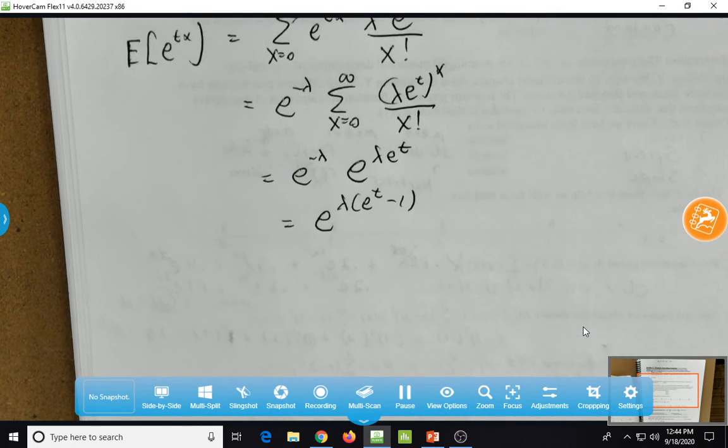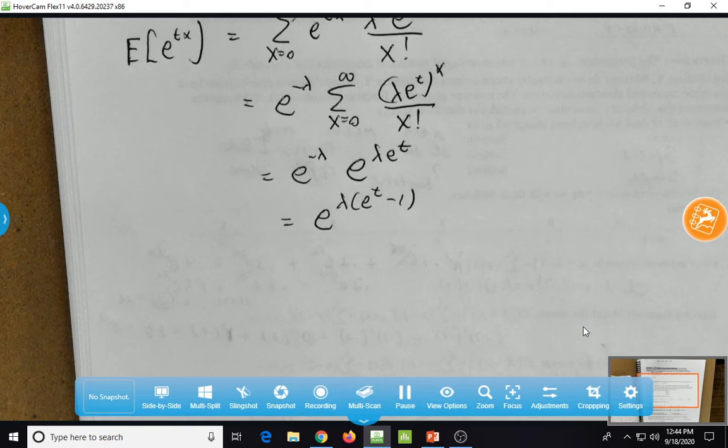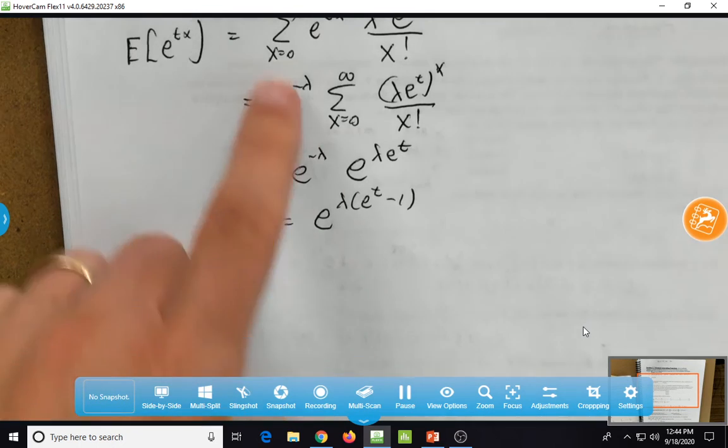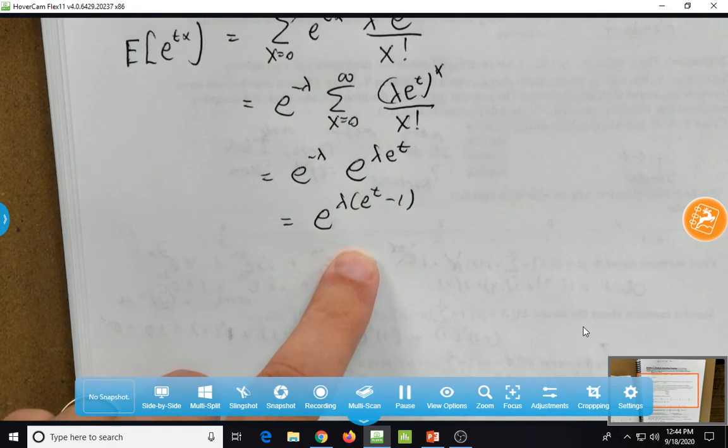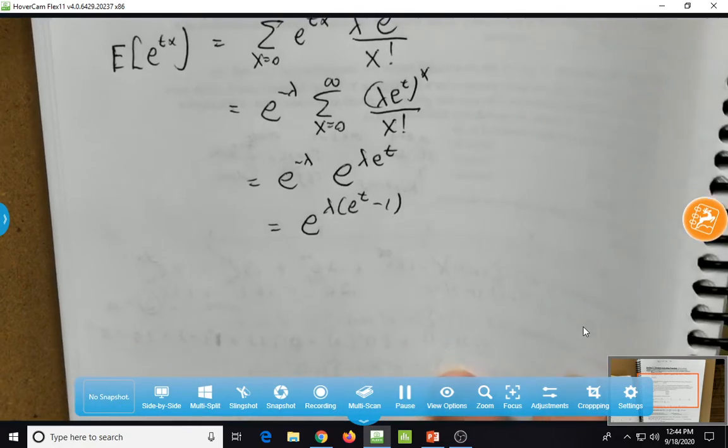And we may do that. I don't know if we're going to have time. But once we have this, we can calculate an easier way, rather than changing summations and doing changes of limits of summations. We can just take the first and second derivative, use our shortcut formula for variance, and find out what the mean and variance are.